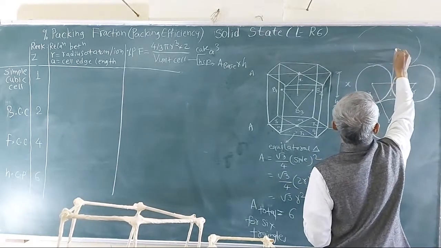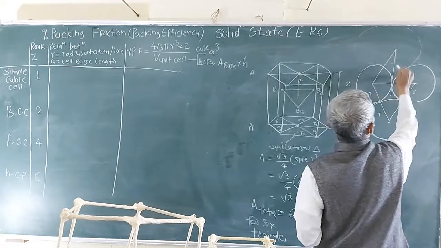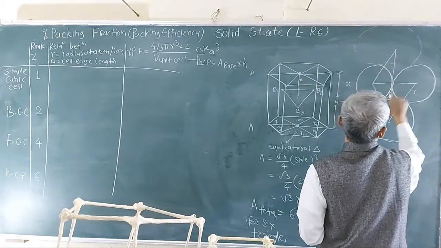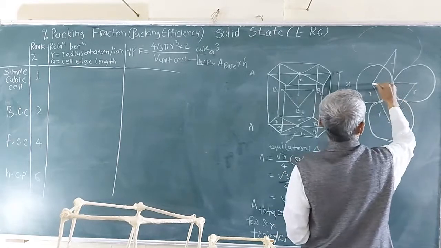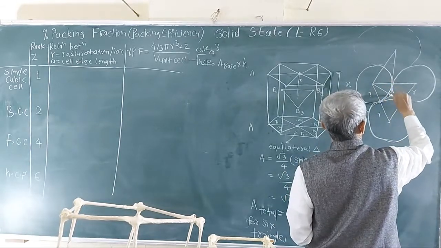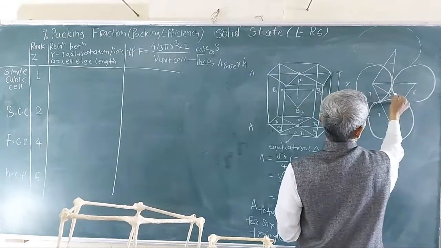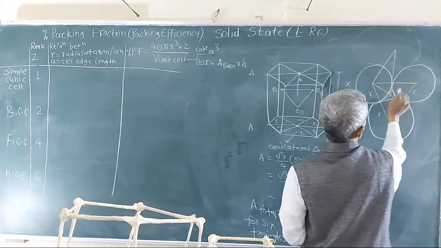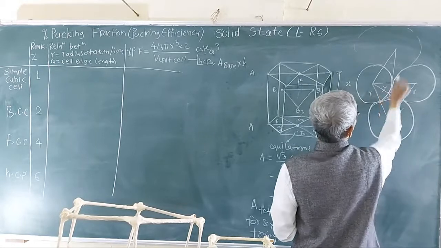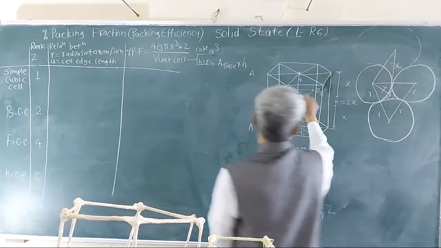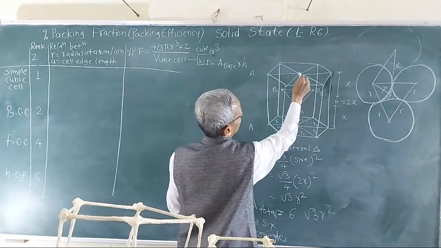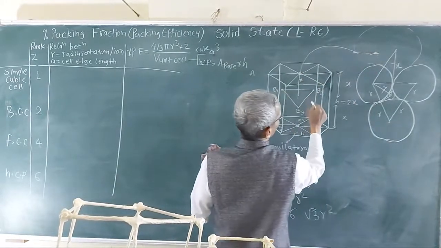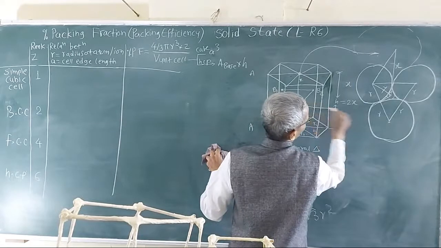You can join this also, and this is one of the right-angled triangles. Here there is the anion like this, and this is the height. Suppose this is y, and this is x as denoted here.